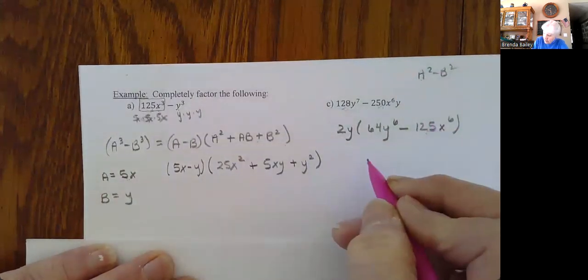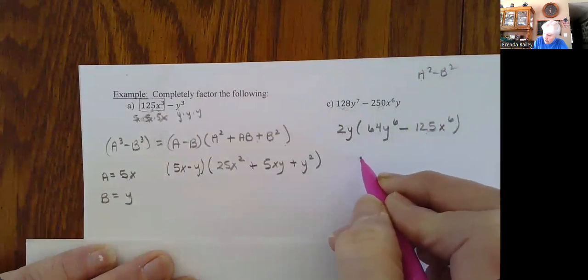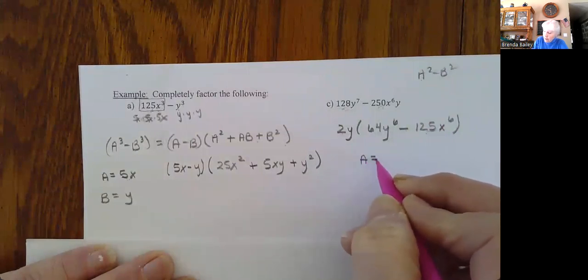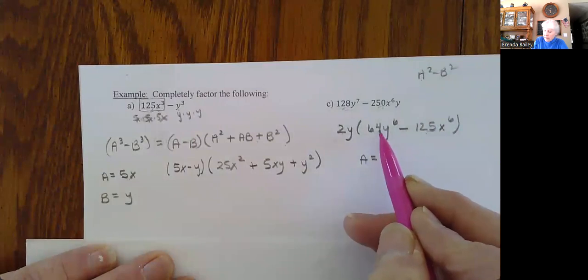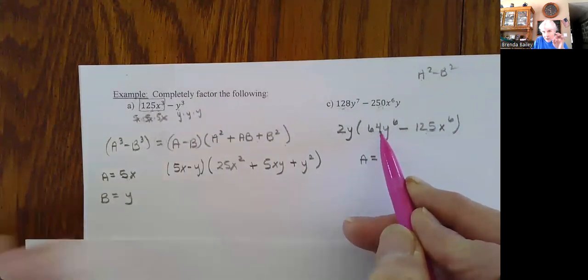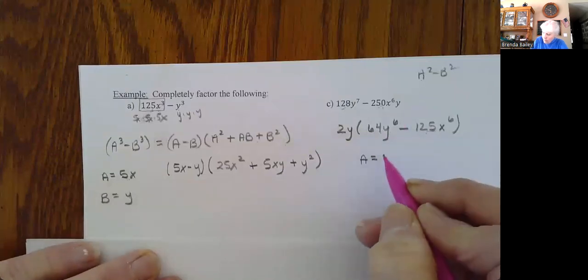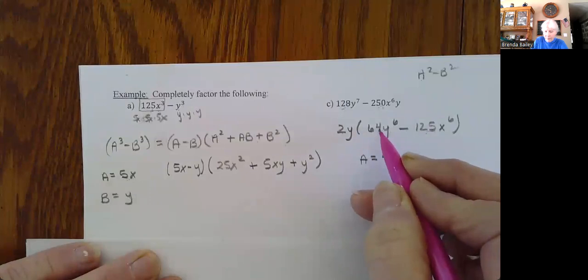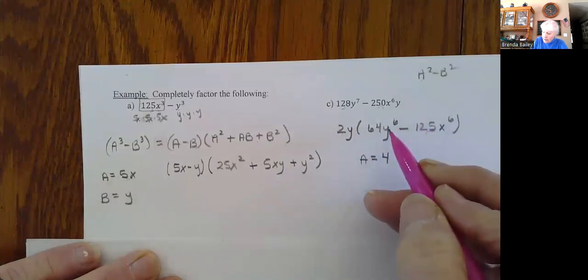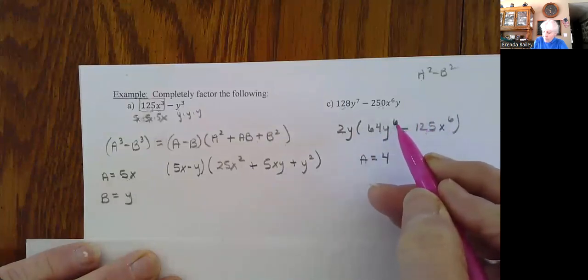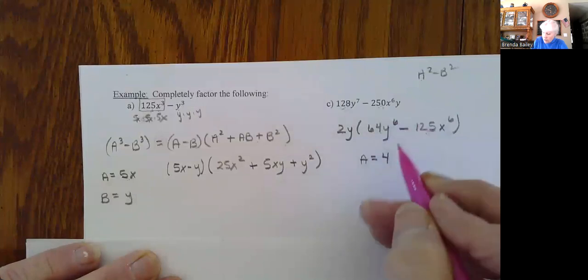Well, let's see, what is A? A is going to be, what are you cubing to get 64? Well, you can go back to the chart on the previous page, and you'll know that it's 4. 4 times 4 times 4 gives you 64. What gives you y to the 6th? Well, just divide that by 3 and you get y squared.